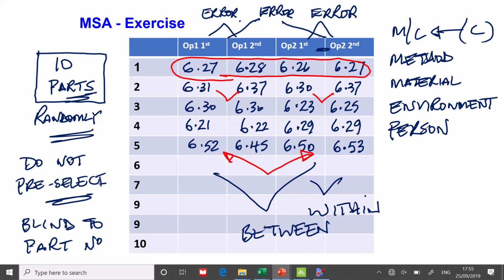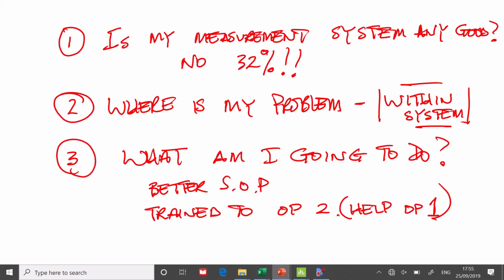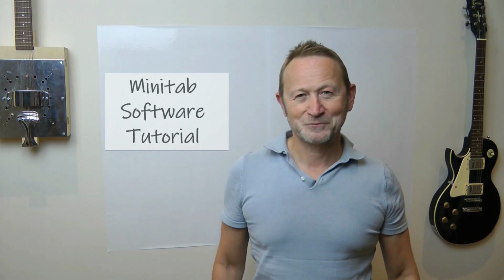And you can do that very easily with a table before you start. But unfortunately, Minitab doesn't want it like this. So you then have to use the wizard. The wizard makes it much easier now. Use the wizard to set it up, and then you can answer the 3 questions. Measurement system any good? Where's my problem? What am I going to do about it? That's what Minitab does for you. There is MSA using Minitab.